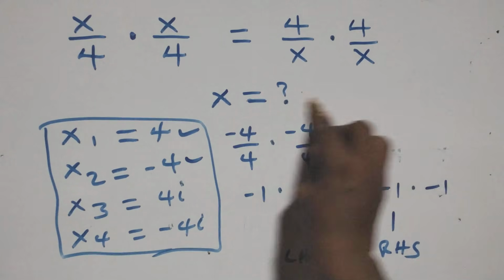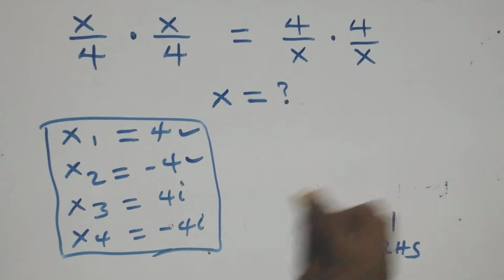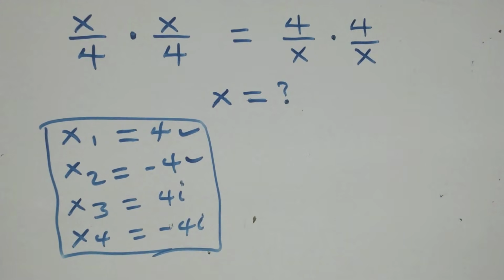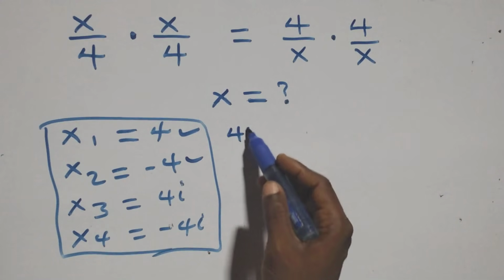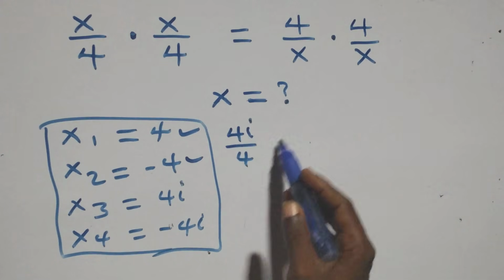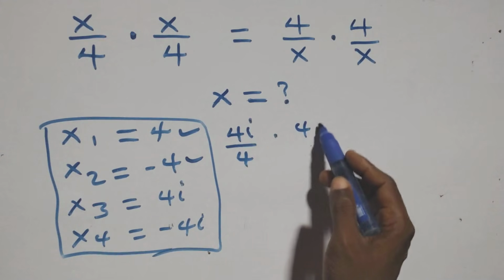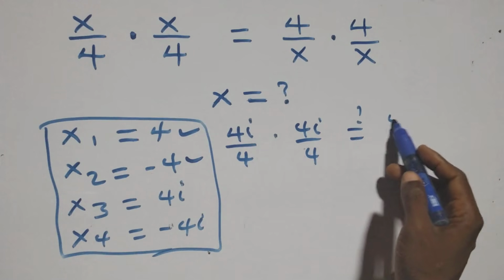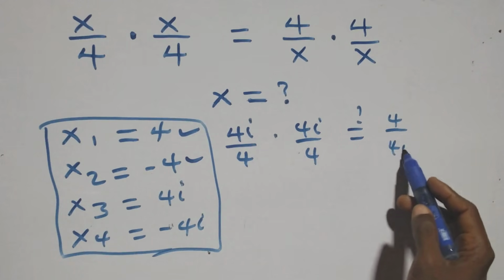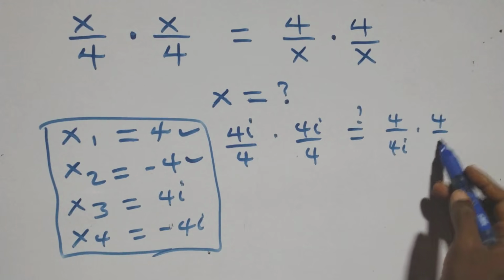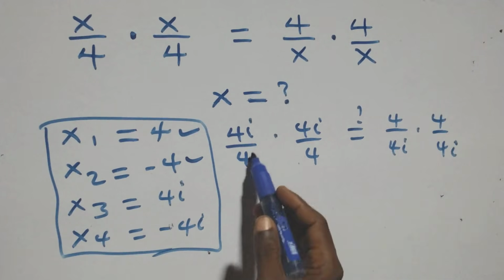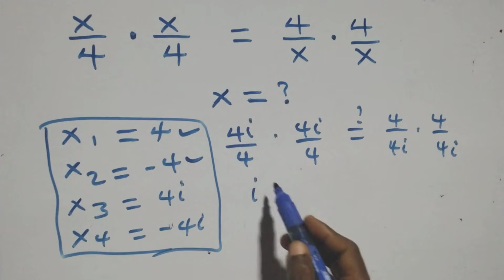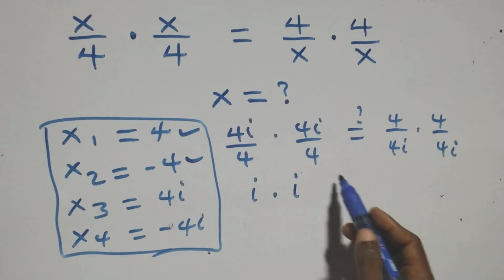And also we substitute x equals to 4i. Then what we have here becomes 4i over 4 times 4i over 4 is it equals to 4 over 4i times 4 over 4i. Here 4 cancel each other, we have i left times also i here.